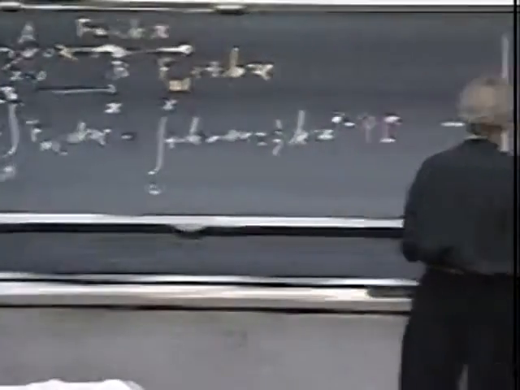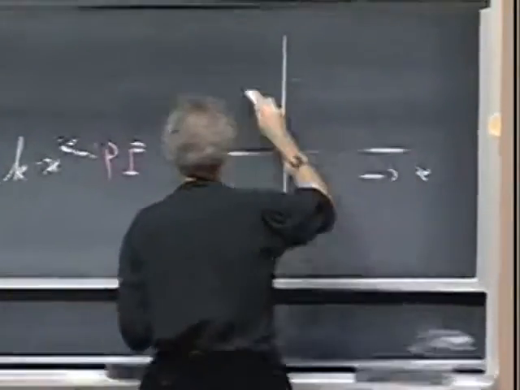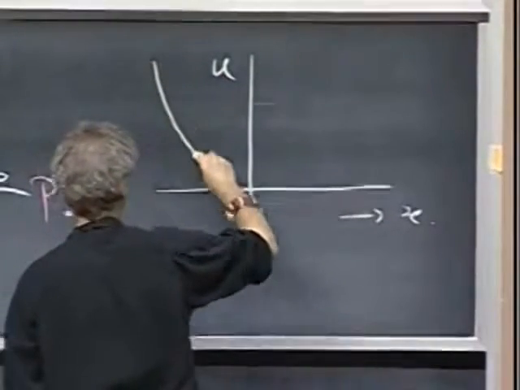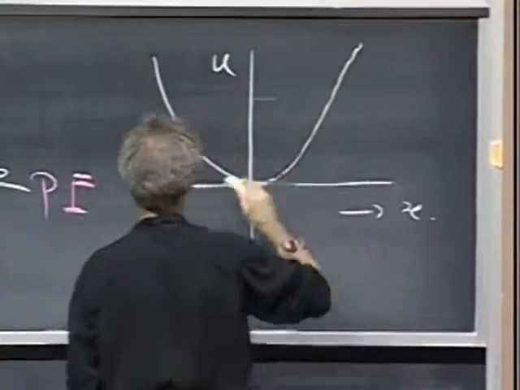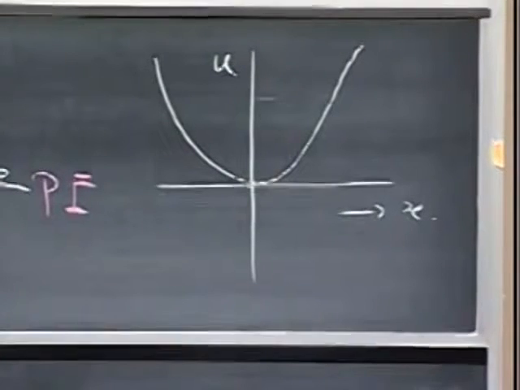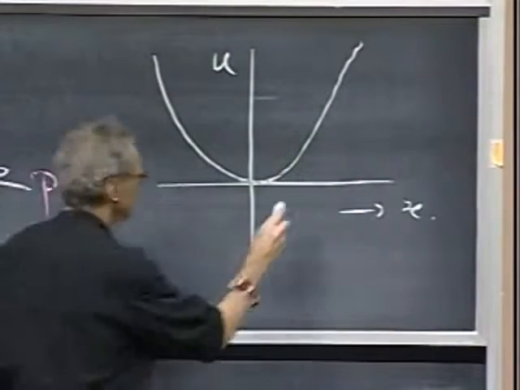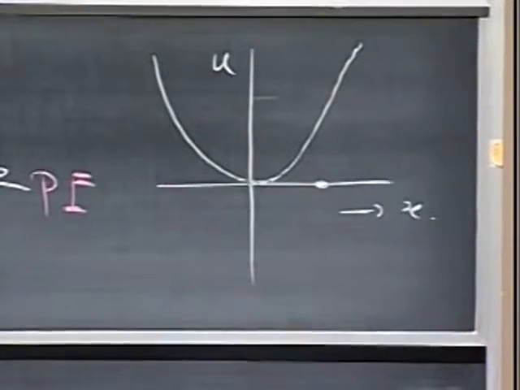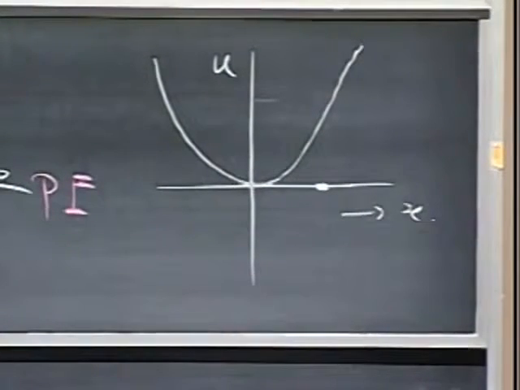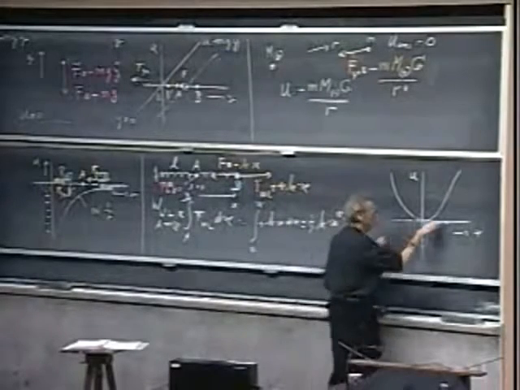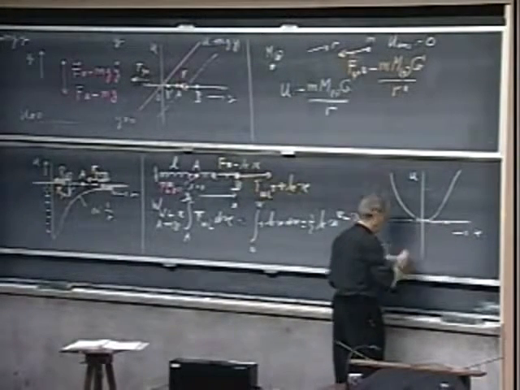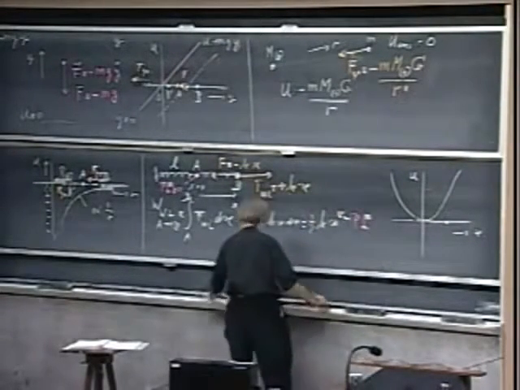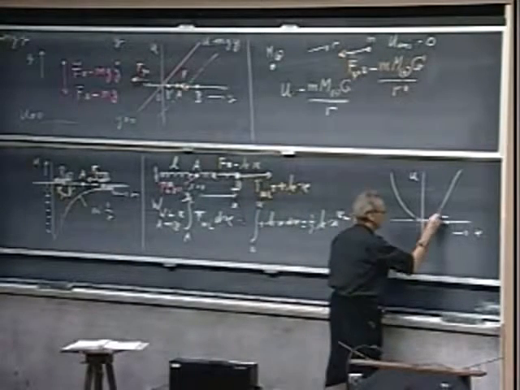If you now make a plot of the potential energy as a function of x, you get a parabola. If the object is here, then the force is always in the direction opposing the increasing potential energy. If you go this way, potential energy increases, so the force is going to be in this direction.